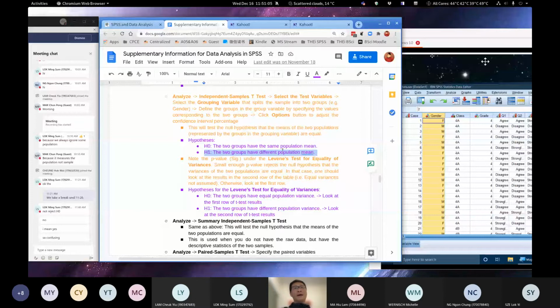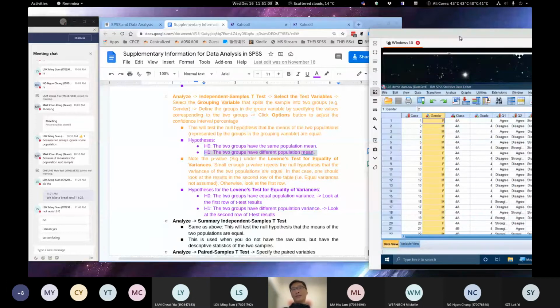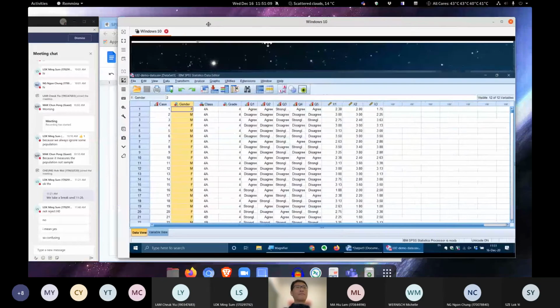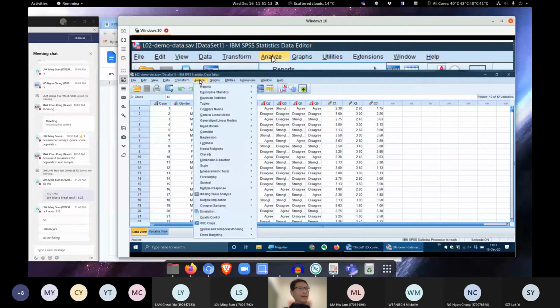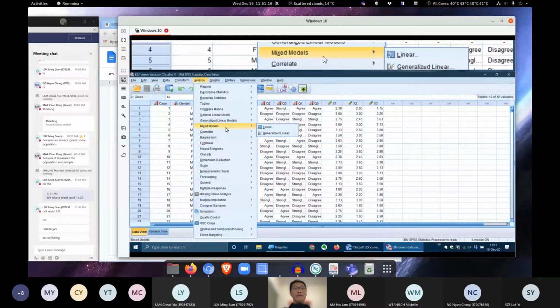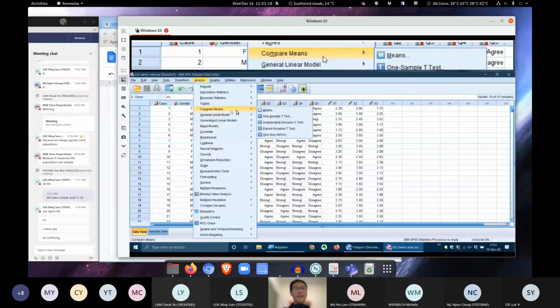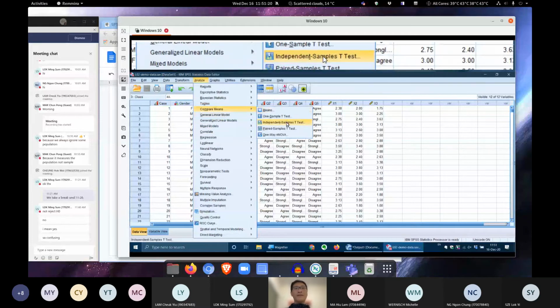Now, there is some complication in this case, but let's do the test first. So to do this test, we go to Analyze, and then again, we compare the means, but this time we have two independent samples. The male and female students, they are two different groups of people. And so we call them independent samples.